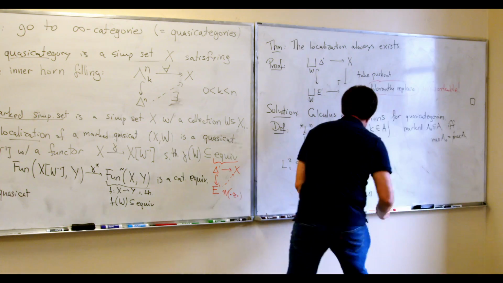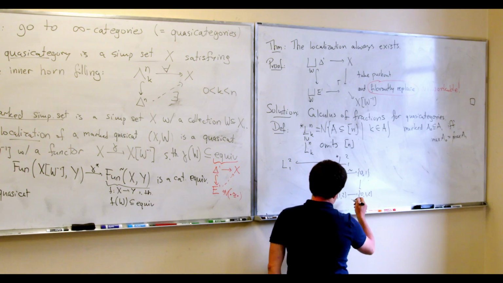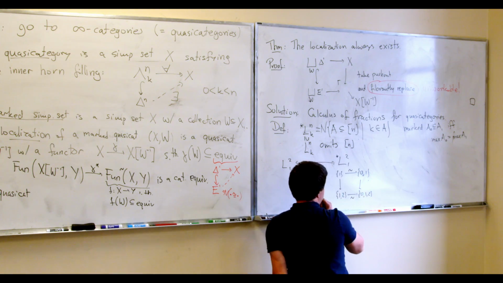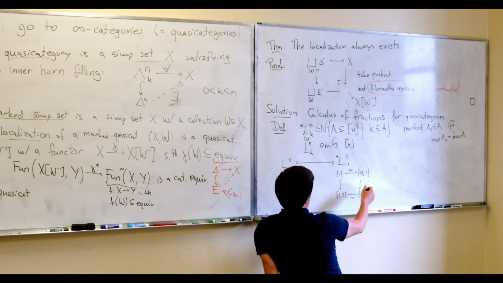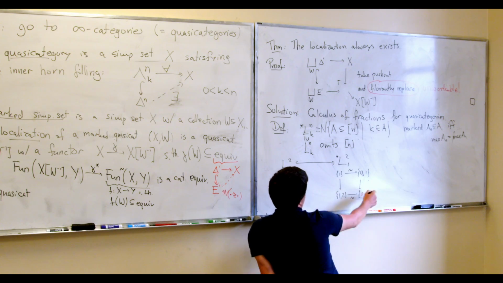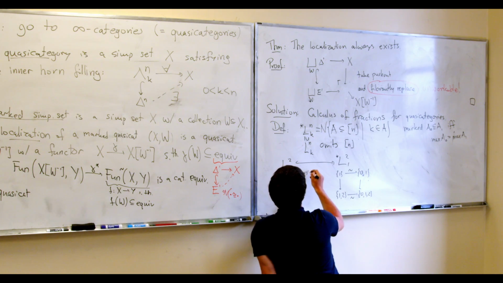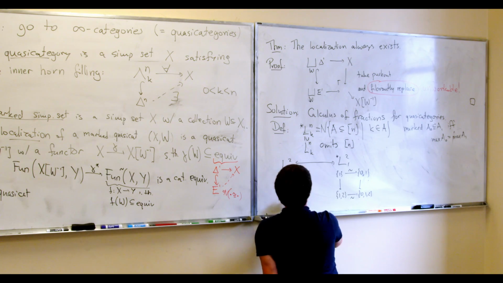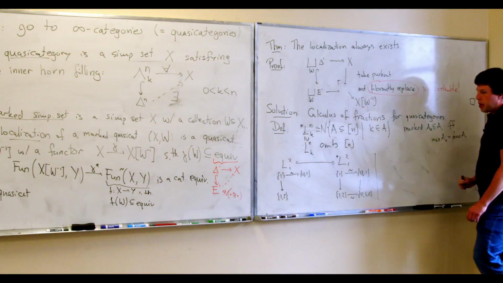So in this case, it's going to mean that this is a weak equivalence, and I believe this is a weak equivalence, and there are no further weak equivalences. 1 is max, 1 is max, 2 is max, 2 is max. Now here, I'm going to remove the whole thing. So this means that I'm going to get 1 here, 0, 1 here with a weak equivalence, and 1, 2 here. Okay.